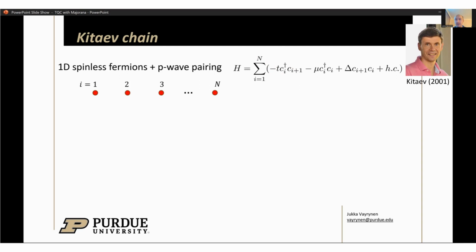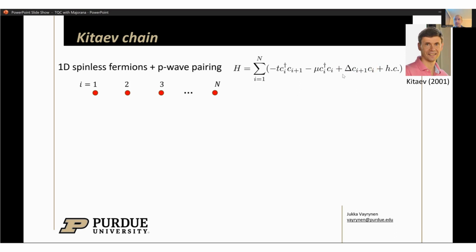There's some chemical potential that controls the density or the filling of this band. And finally, most importantly, there's a superconductivity term. So there's a pairing term which pairs nearest neighbors together. So it's almost like the hopping term, except we have cc instead of c dagger c.